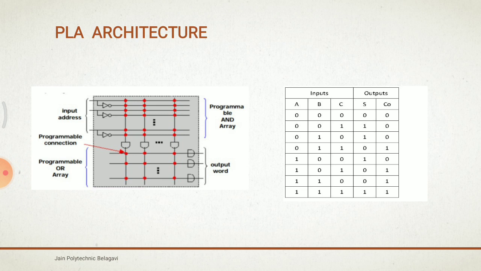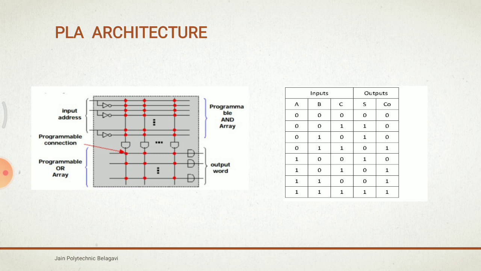That is shown here in the PLA architecture. According to this PLA architecture, we have done the truth table. There will be sum and carry, and you are going to make the sum and carry from this. So that is the PLA architecture.